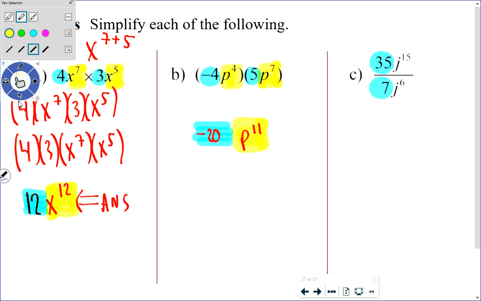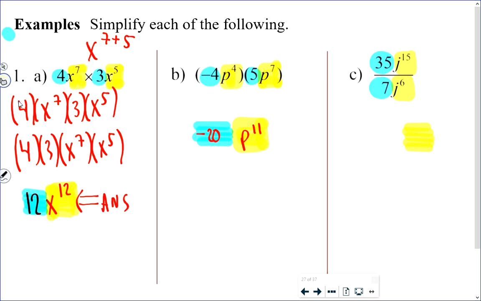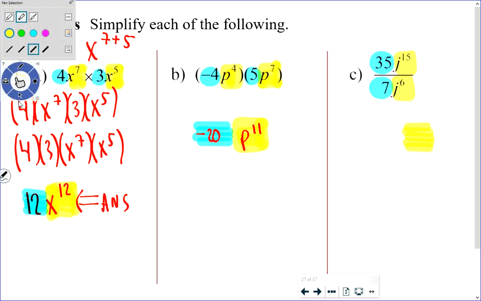The power in the exponential expression on the top is j to the 15, and on the bottom is j to the 6. Well, what we're going to do is divide the powers to get a power in our answer, and we are going to divide the coefficients to get a coefficient in our answer.